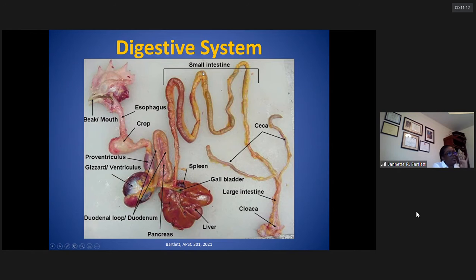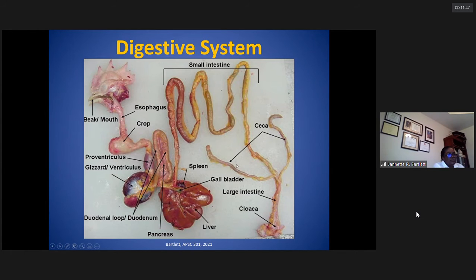When you look at your screen, you can see the Merkel's diverticulum, that's this little thing right here. And then everything from here to the juncture where the ceca is, this is the ileum. So you have the duodenum, the jejunum up here, and then from here to the junction of the ceca, you have the ileum.